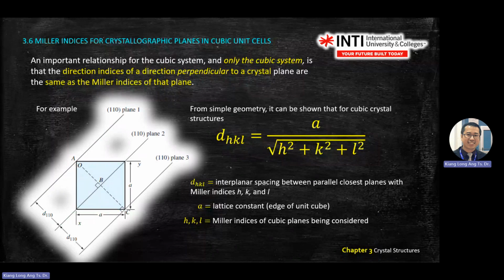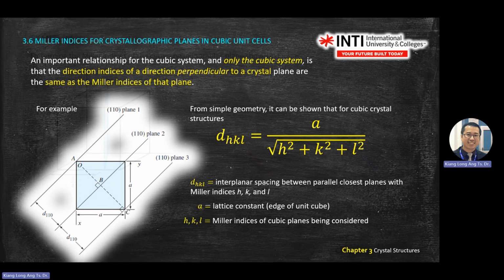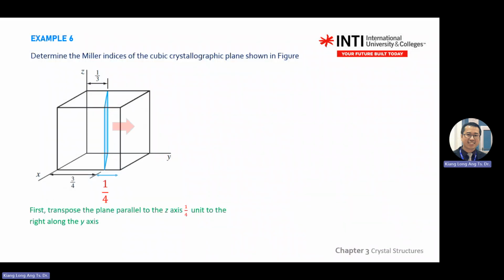If you are given the lattice constant, you can find whether it is BCC or FCC. BCC, FCC, you know already. a equals what in terms of R is different, based on BCC or FCC.